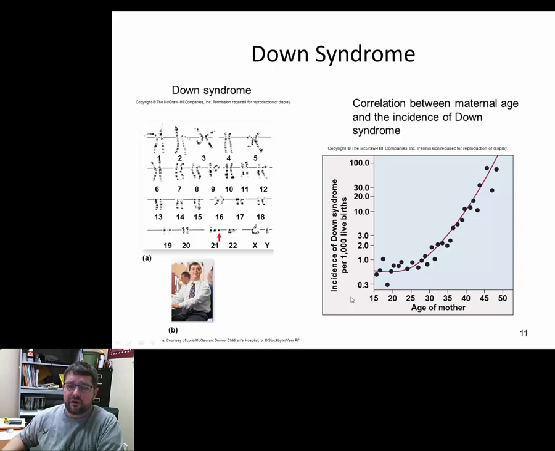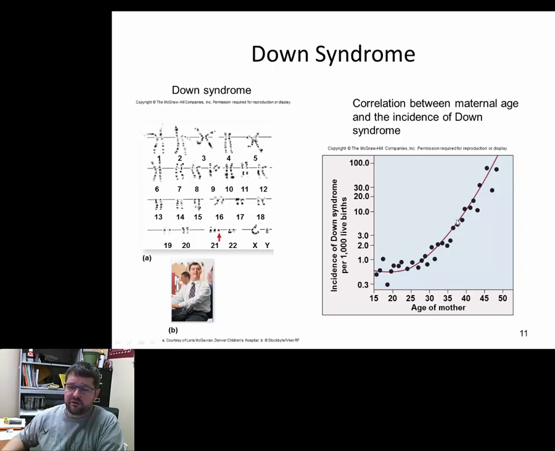Now, here is a graph showing the age of the mother, okay, and the likelihood of producing a child with Down syndrome. Okay? So for young females, the likelihood is low. We're talking all the way up to age 30, even close to mid-30s. The likelihood of producing a child that has Down syndrome is about 1 out of every 1,000 births.